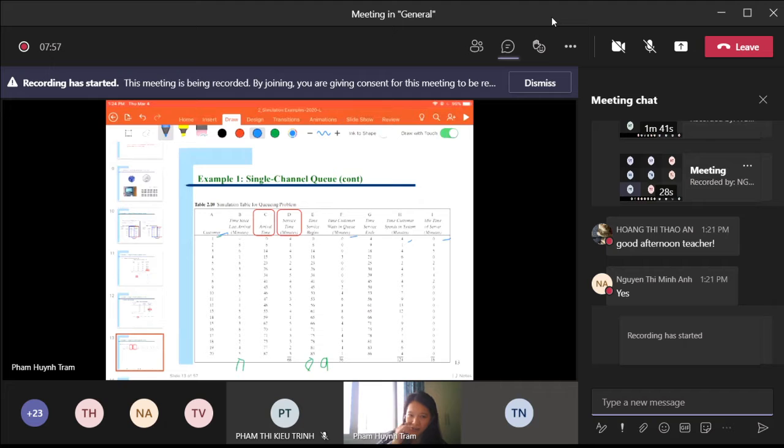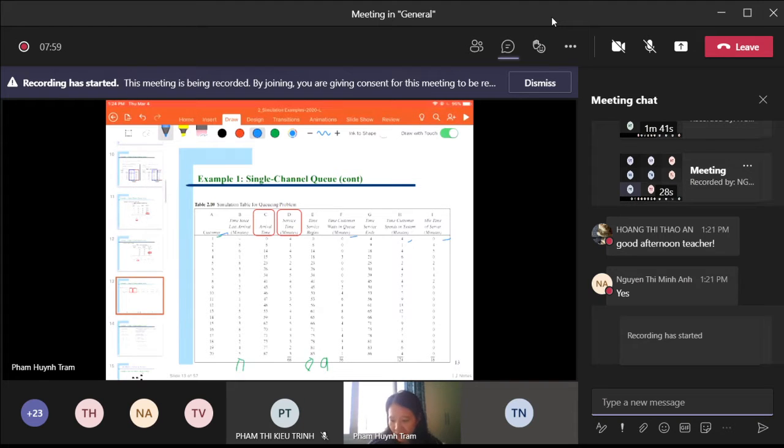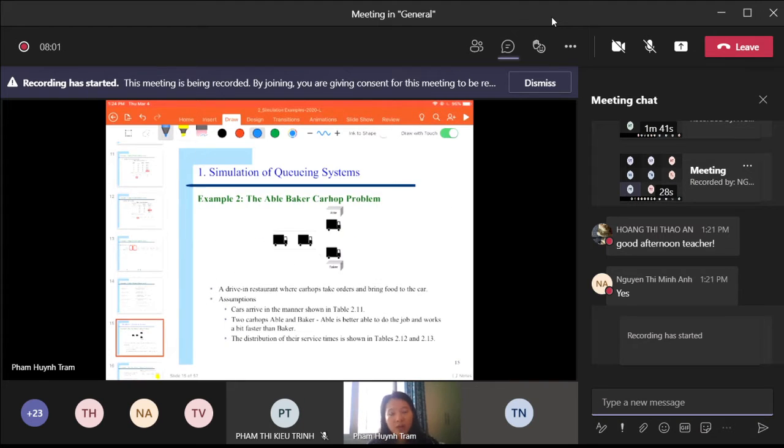You can try similarly for a little bit more complicated problem, where we have a two-server queuing system. In this example, we have a drive-in restaurant where car hops take orders and bring food to the car. We have two car hops here, one named Able and the other named Baker.